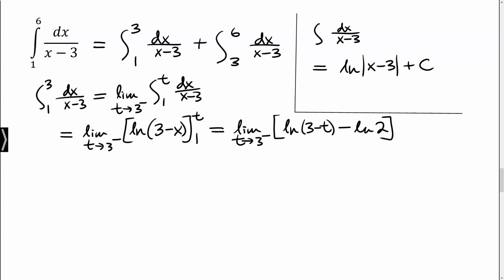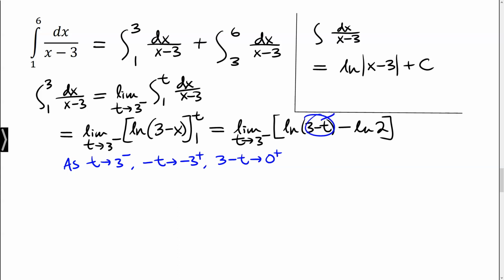As t approaches 3 from below, let's be super careful here. As t approaches 3 from below, minus t approaches minus 3 from above, which means 3 minus t is going to approach 0 from above.